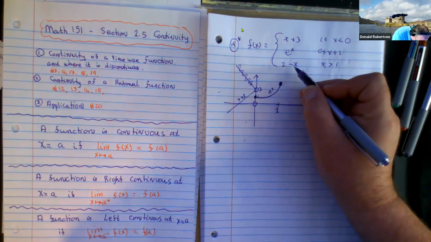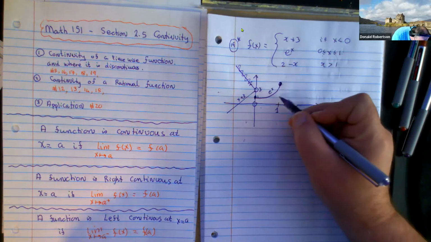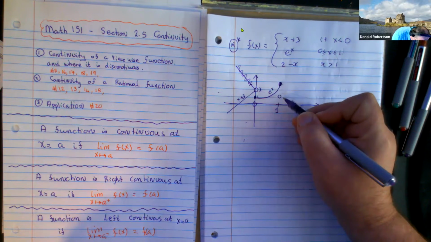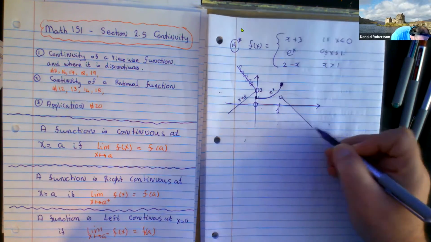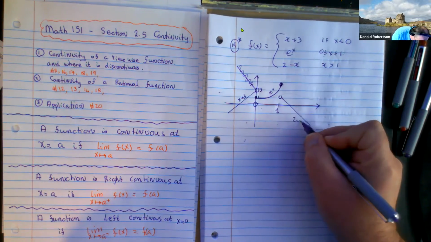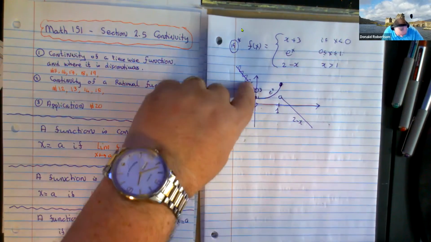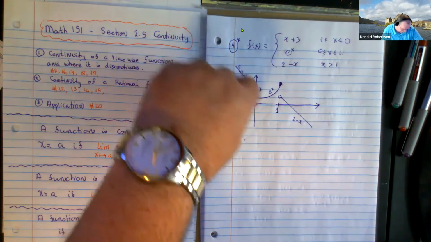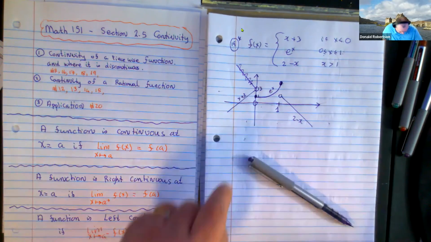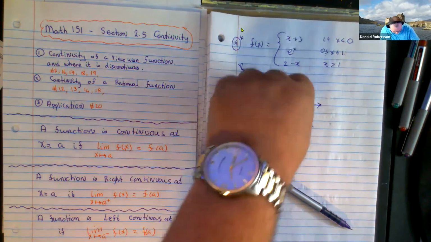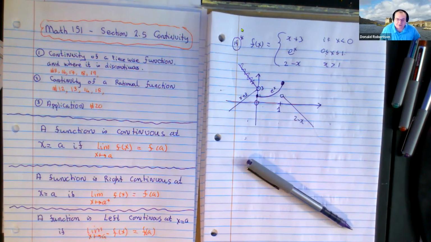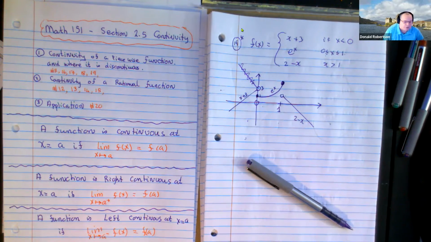If you plug 1 in here, you get 1, which is here. And then it goes down the way. Okay. If you can just ignore that line, which is distracting, it goes straight line, curve, straight line. Then you'll get a whole load of questions.